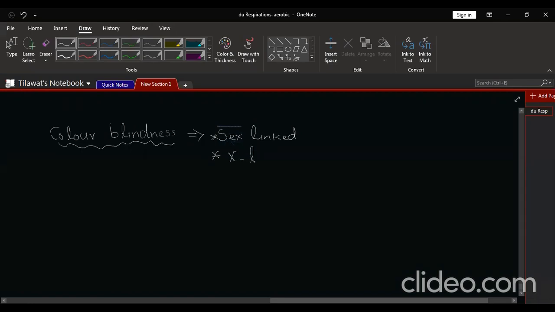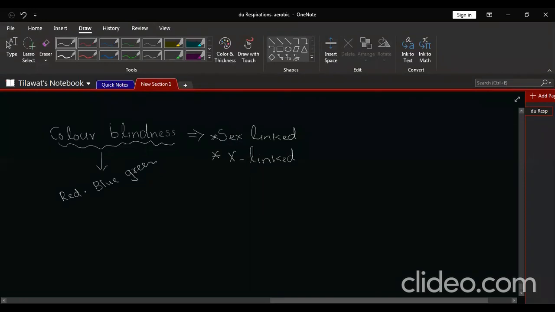What is meant by this? First of all, we should know about color blindness. It's a condition in which a person has a problem to differentiate between colors. He can't differentiate between specific colors, especially red, blue, green.